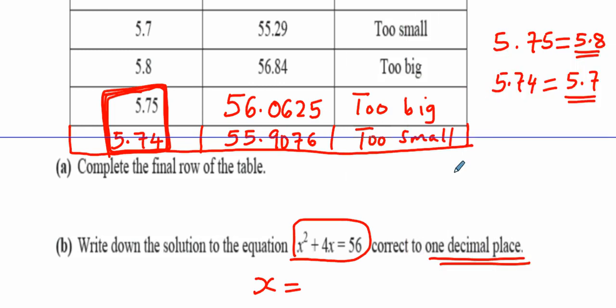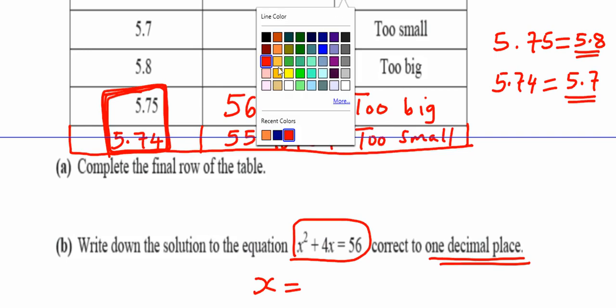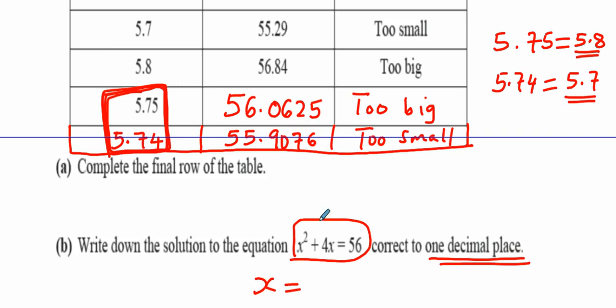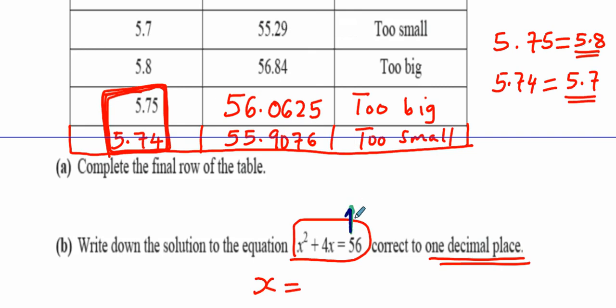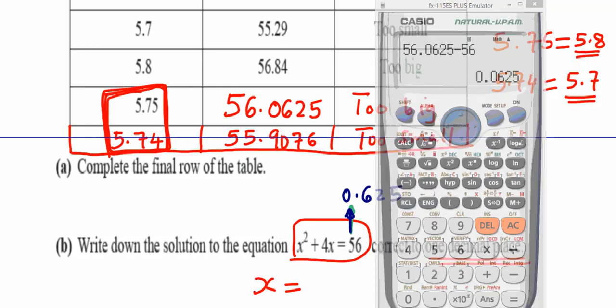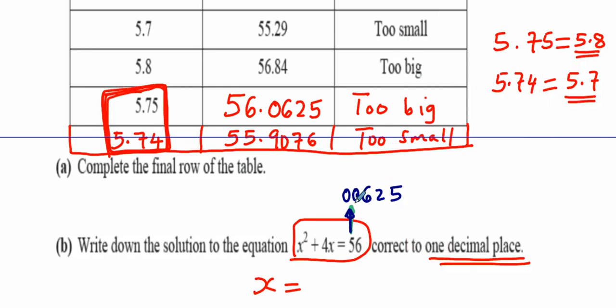So compared with 56, we are getting a difference of 0.0625.